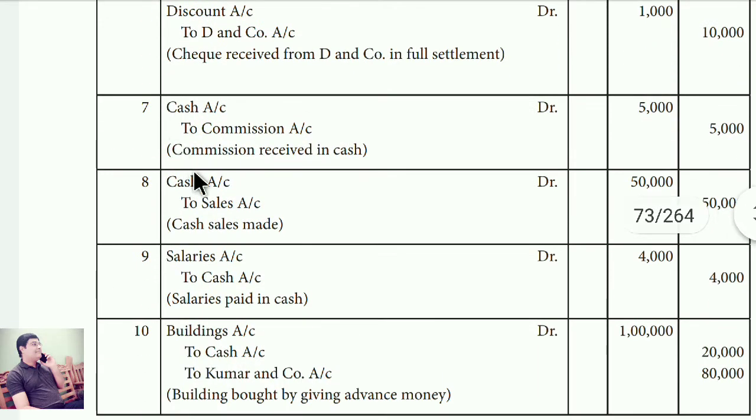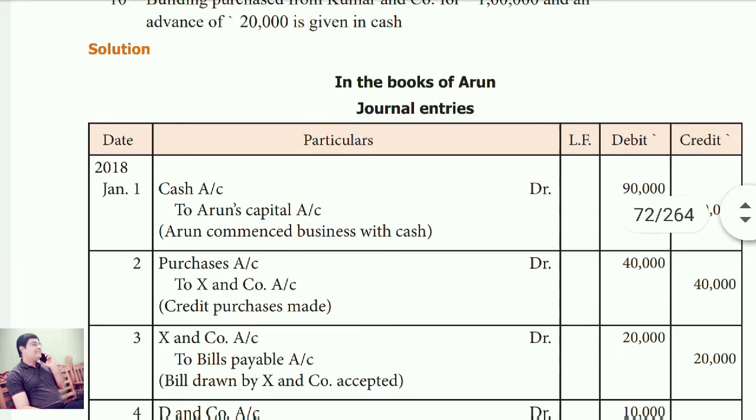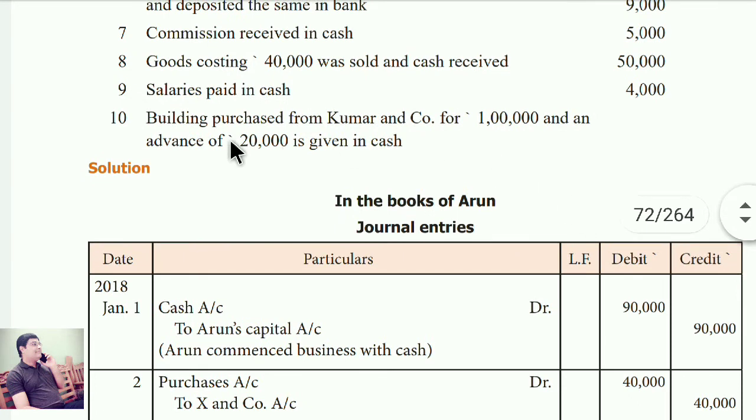Cash received 50,000 and we sold, so cash account debit to sales account 50,000 rupees. Next one, 9th one. Salary paid in cash rupees 4,000. When we paid the salary, cash goes out. So salary account debit to cash account.